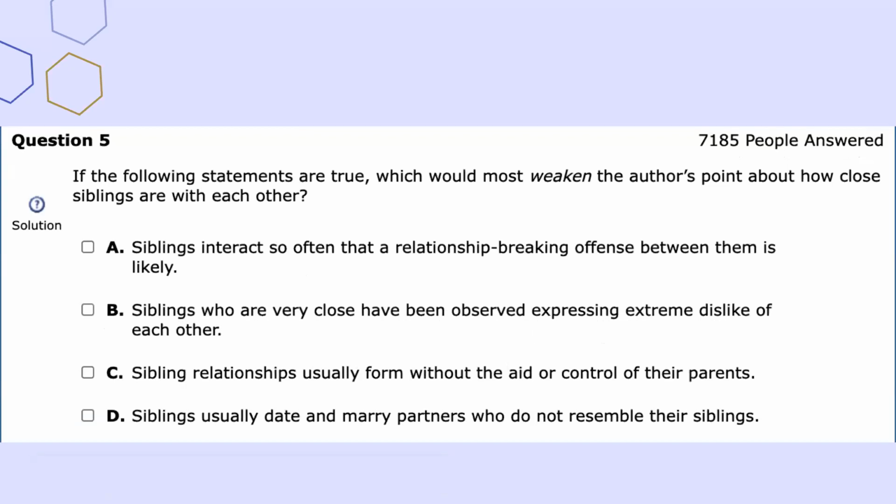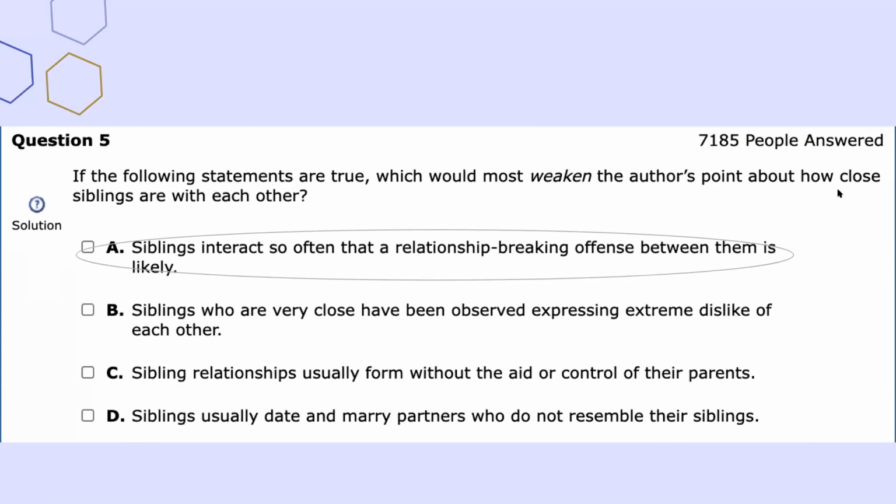Okay, number 5. The question asks which one would most weaken the author's point. The author was saying that siblings are usually really close. Since that's the case, A would be correct, because a relationship breaking often between them is likely, and that is going to weaken the author's point of view.